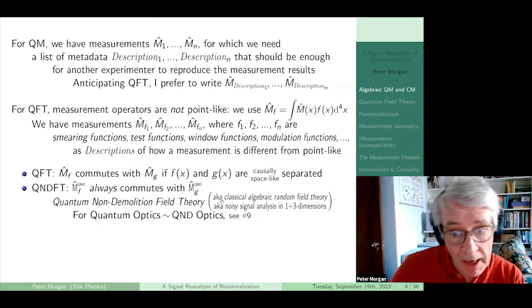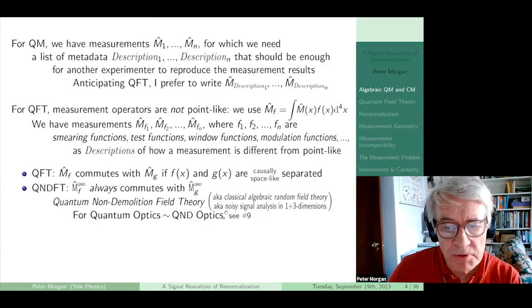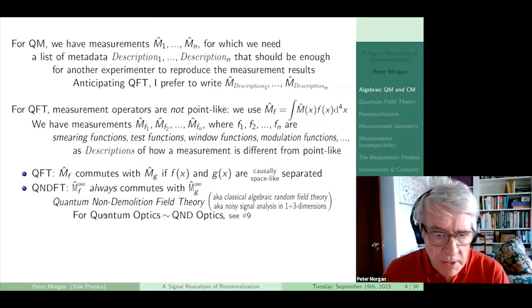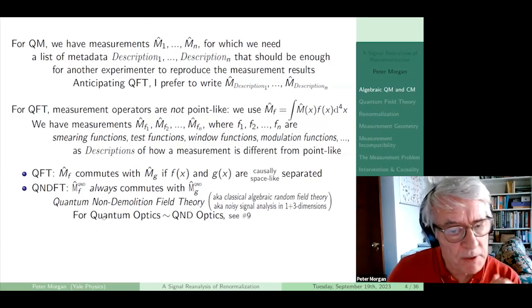But we could also, and have in the past, called this a classical algebraic random field theory because it always commutes with itself. And we can also think of it in terms of signal analysis as a noisy signal analysis in 1+3 dimensions. And fairly soon, I'm going to talk about how we can construct an isomorphism between quantum optics and QND optics.